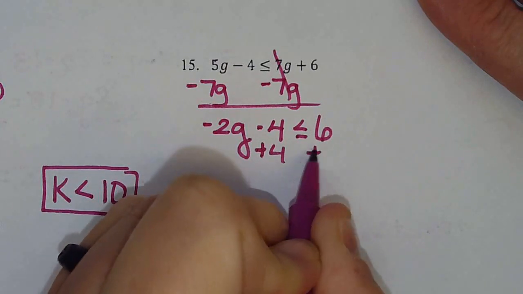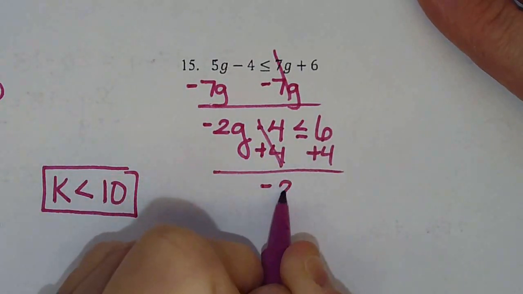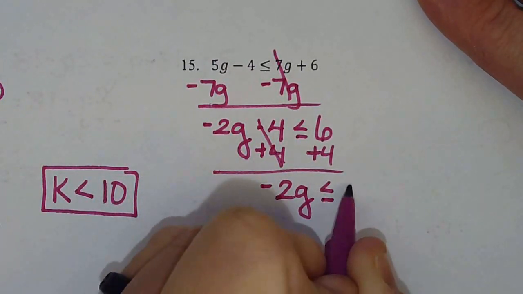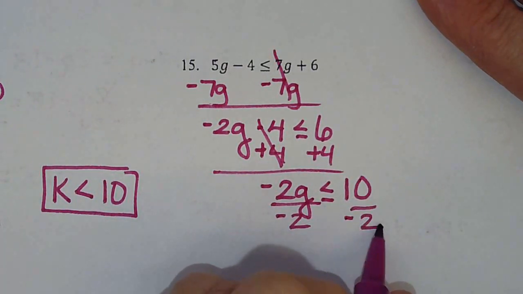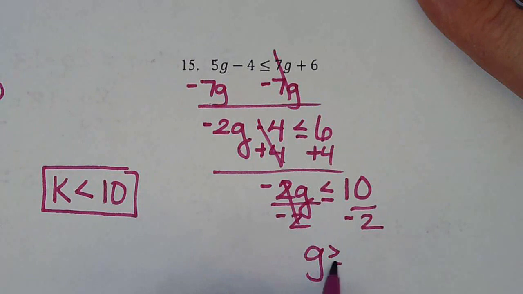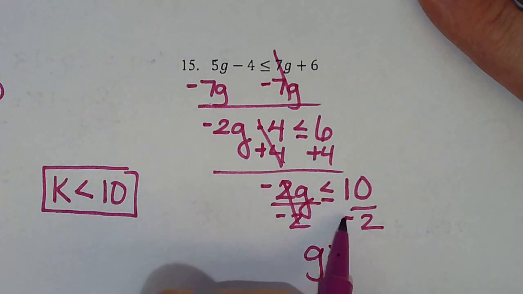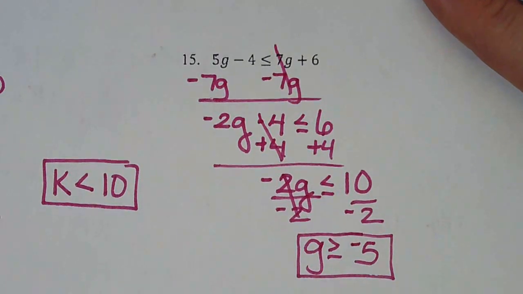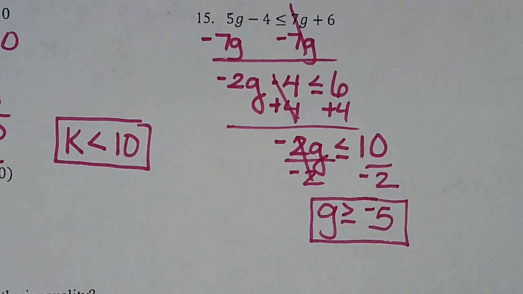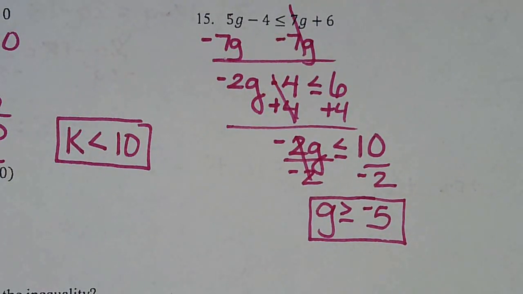Add 4. Negative 2g less than or equal to 6 plus 4 is 10. And then we're dividing by a negative number again, so you need to make sure you flip your sign. 10 divided by negative 2 is negative 5. Any questions there?